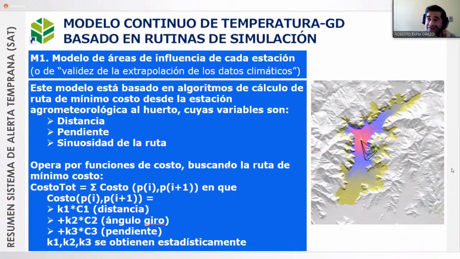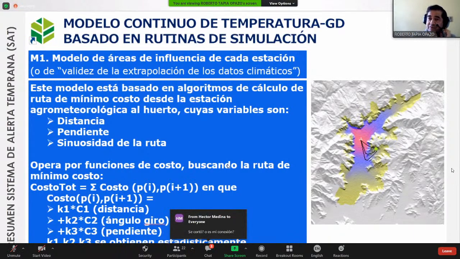It works under a continuous temperature model with a simulation, and it's the areas of influence for each station with the climate data based on the algorithm of the minimum cost with variables of distance, slope, and sinuosity of the route.